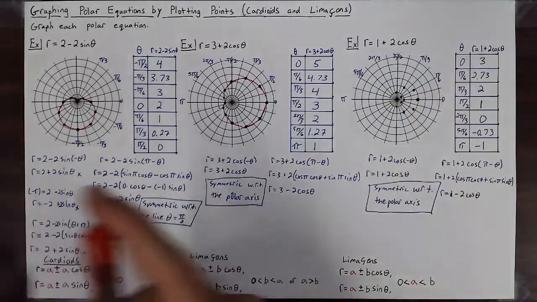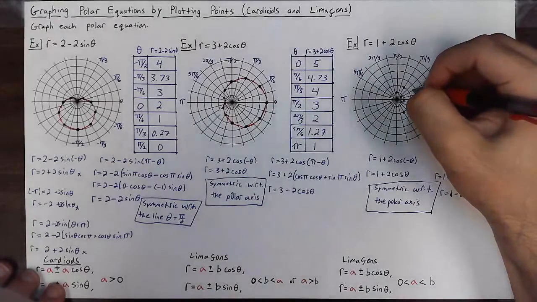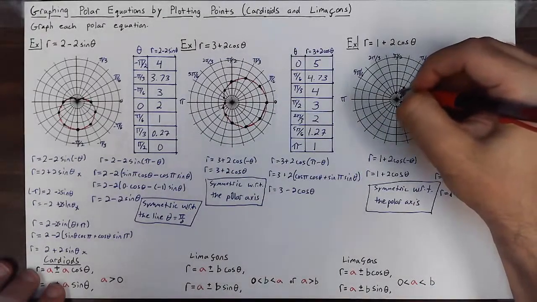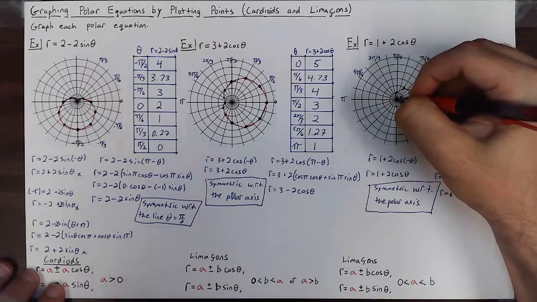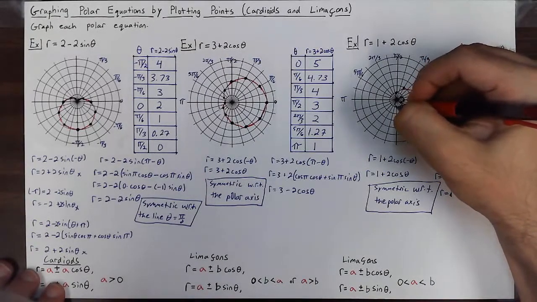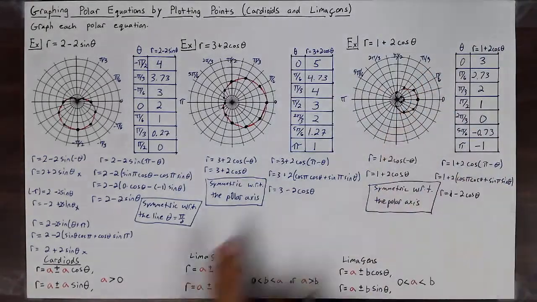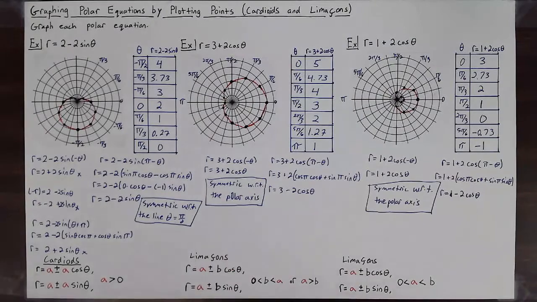So as I graph this, what actually happens with the graph is the first go around, it curves around, goes through the pole, and actually makes an inner loop, then comes back around. So there's two different types of limaçons, ones that have no inner loop and ones that do have an inner loop.